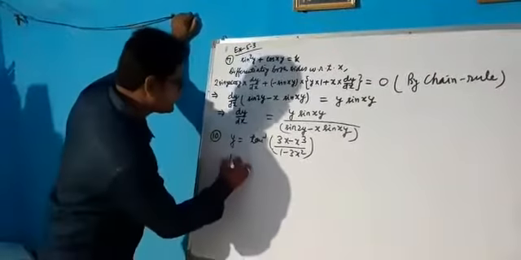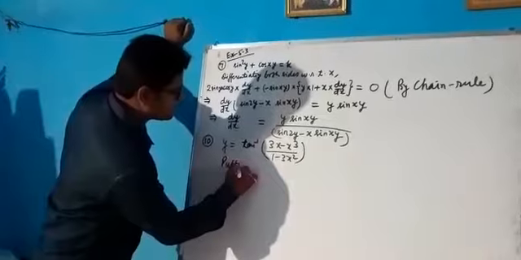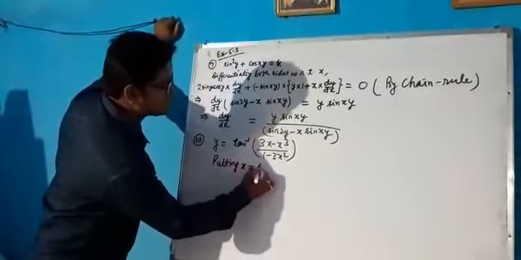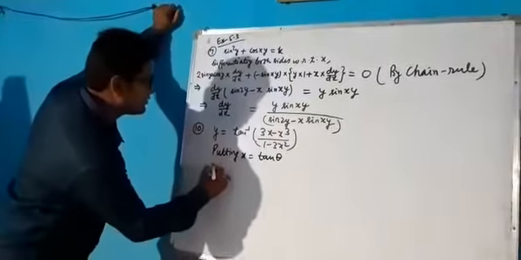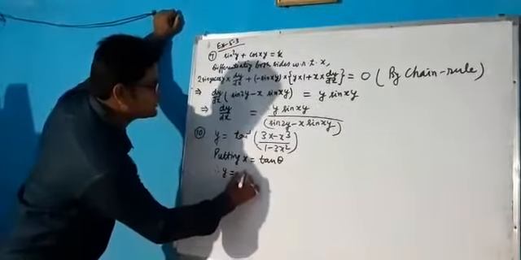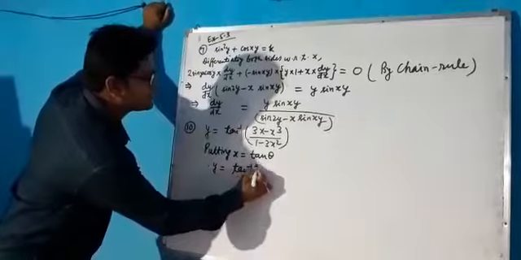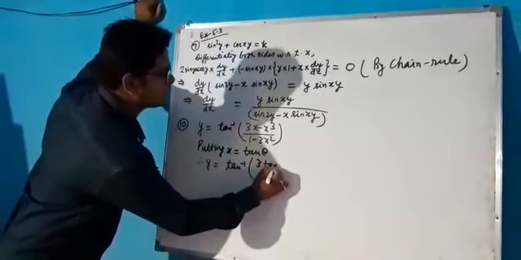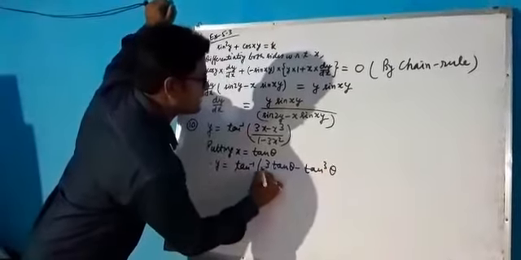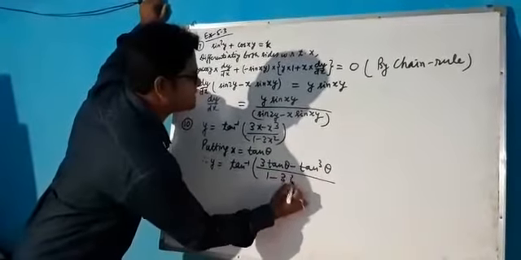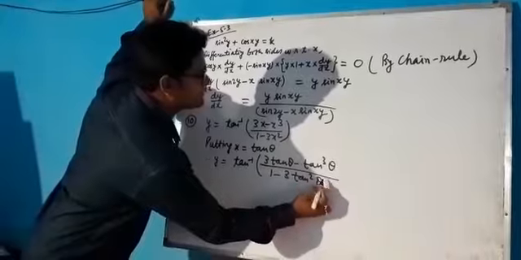Let us do that. Putting x is equal to tan theta. One should understand why we are putting tan theta. Therefore, y is equal to tan inverse of 3 tan theta minus tan cube theta by 1 minus 3 tan square theta.